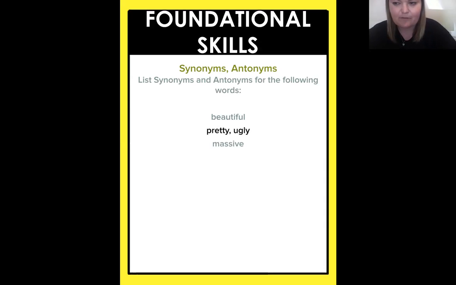Something is massive. We learned that in one of our other stories. What else is another word for massive? Yeah, like huge, right? What's the opposite of something that's huge? Yeah, it'd be tiny, right? So there are some synonyms and antonyms. What about fearless? If somebody has no fear, what's another word for that? What about an antonym? What about the opposite?